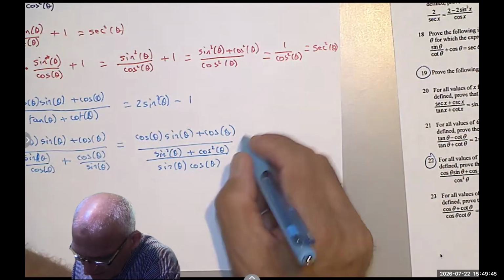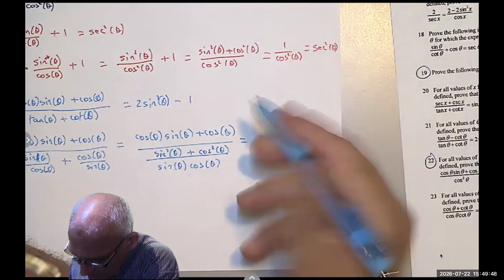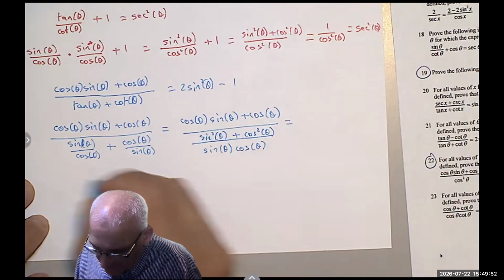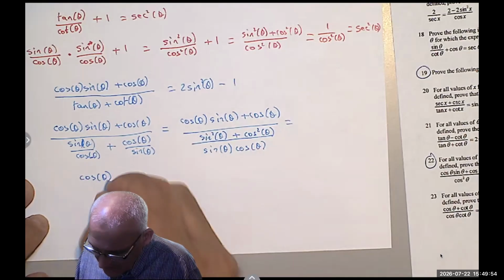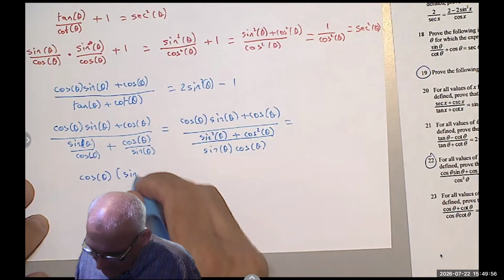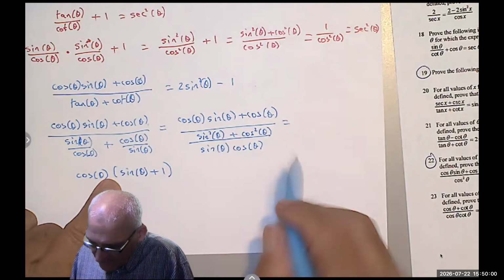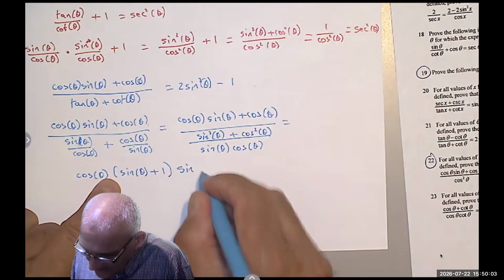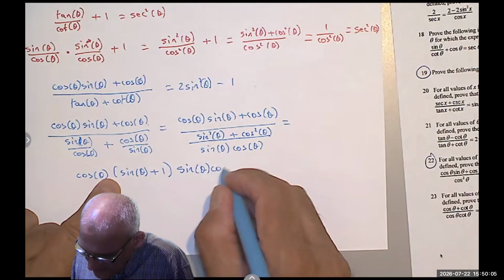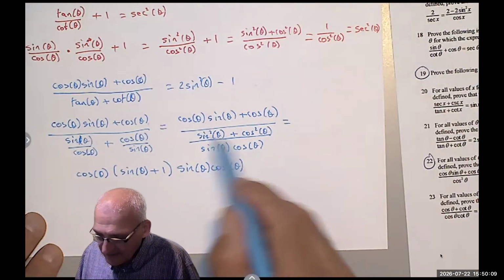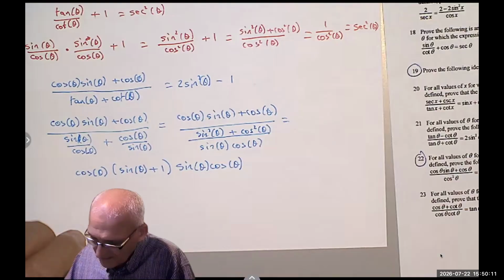This is 1. And when I do the reciprocal, look what happened. The numerator, I'm going to factor out the cos²θ. So I get sin² plus 1. And then I'm going to multiply by sin² cos²θ, because I multiply by that and I divide by this, but this equals 1.